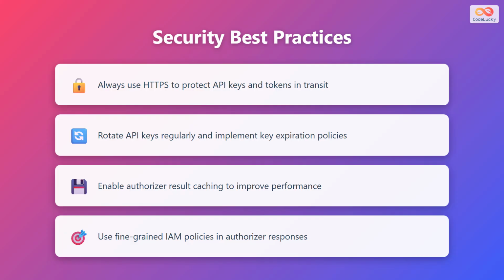Caching means that API Gateway can reuse authorization decisions for a period of time, reducing latency and Lambda invocations. Finally, use fine-grained IAM policies in your authorizer responses. Don't just grant blanket access, instead specify exactly which resources and actions each user can access. Following these practices will help you build secure, performant APIs.